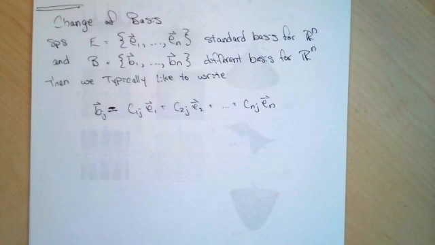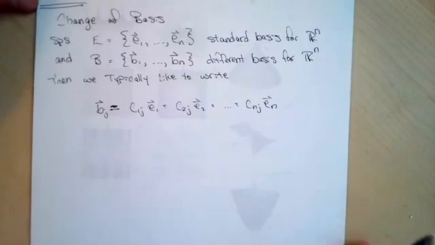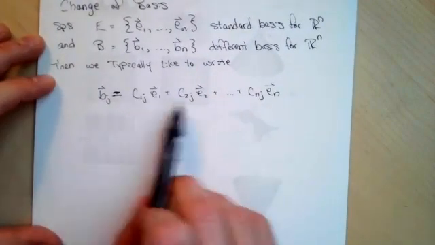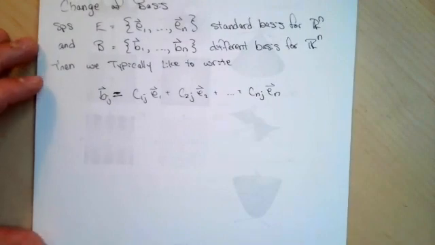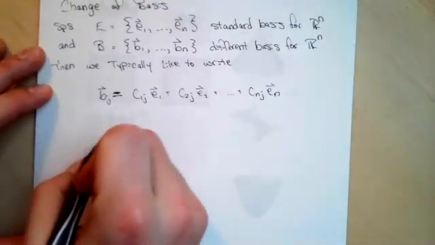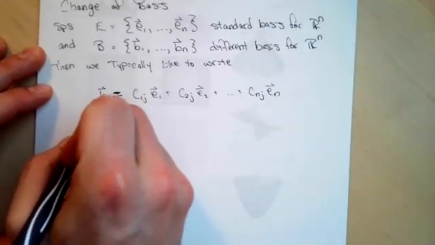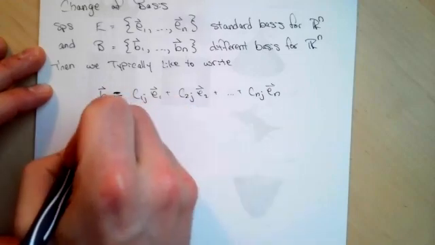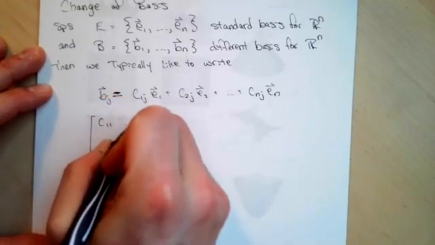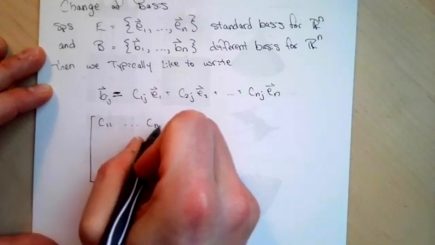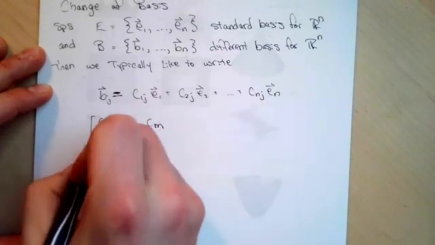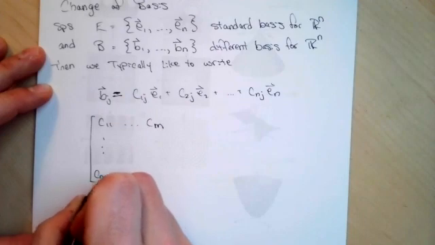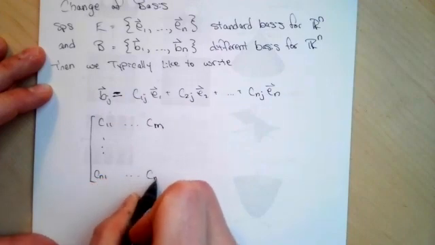Well, we have this doubly indexed set of scalars, a set of coefficients that we can form into a matrix. So we can look at this matrix of scalars, c_11, going up to c_1n, it's going to be a square matrix, c_n1 up to c_nn.